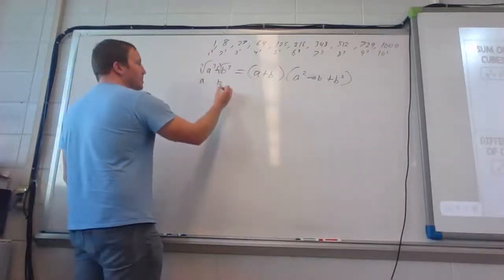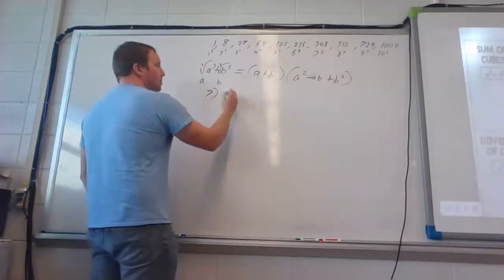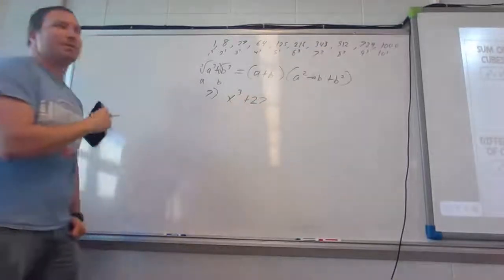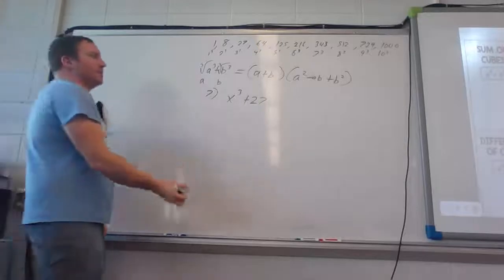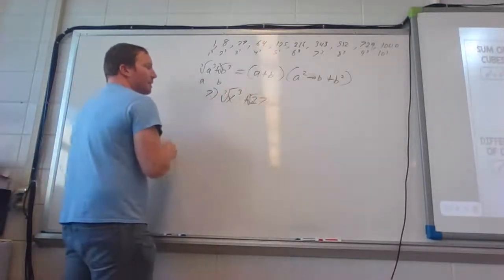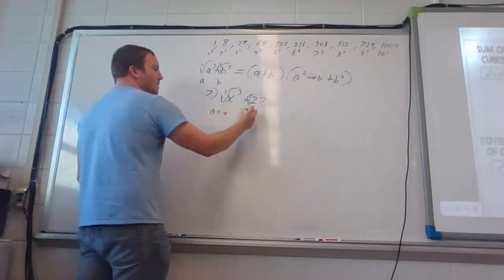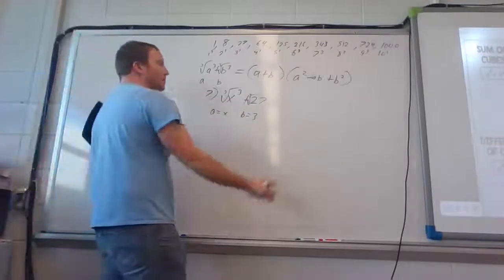So let's look at number 7 to do it for us. We've got x cubed plus 27. Just a quick review, take the cube root. That's going to get us a is equal to x, b is equal to 3, and we plug it right into our equation.